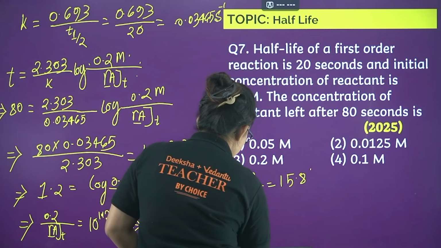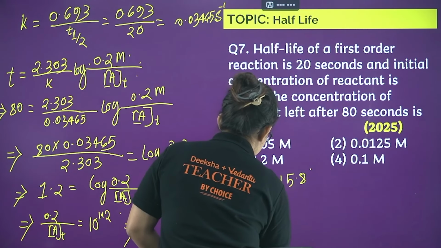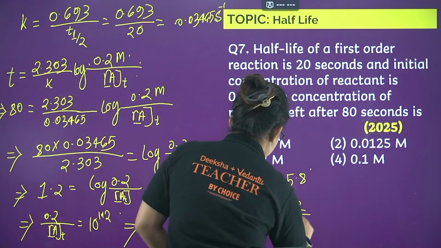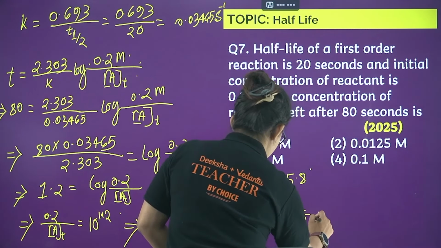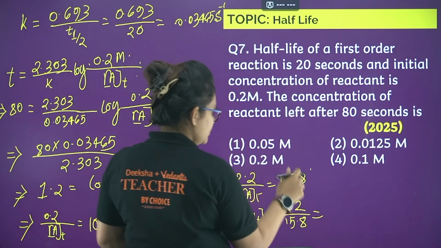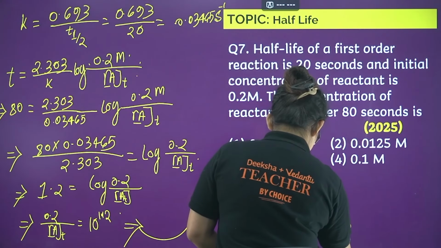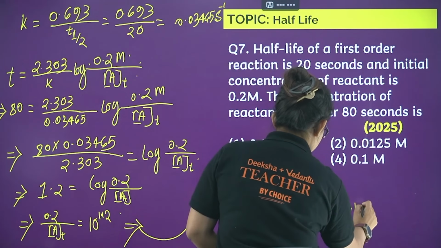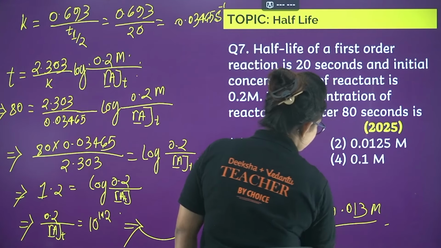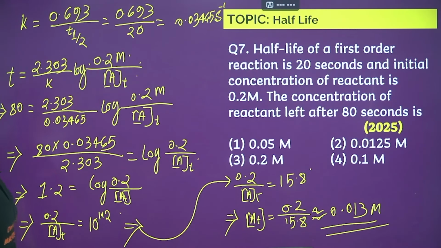So At will come as 0.2 divided by 15.8, and hence your value will be almost equal to 0.013 molar.